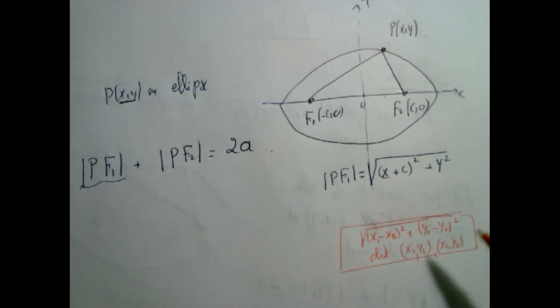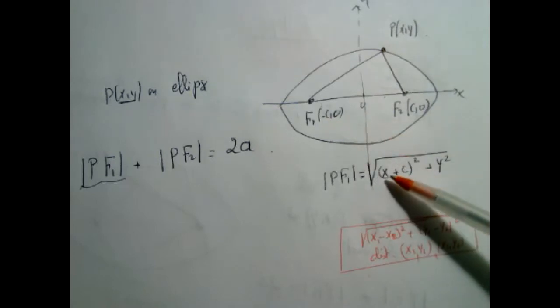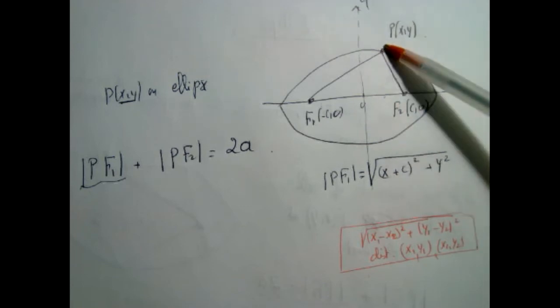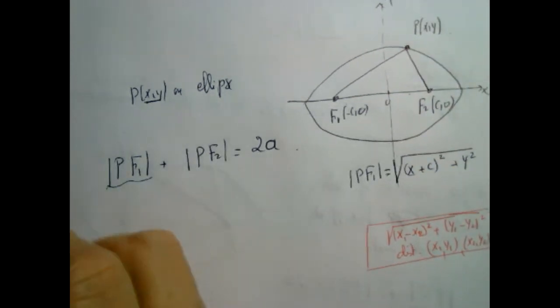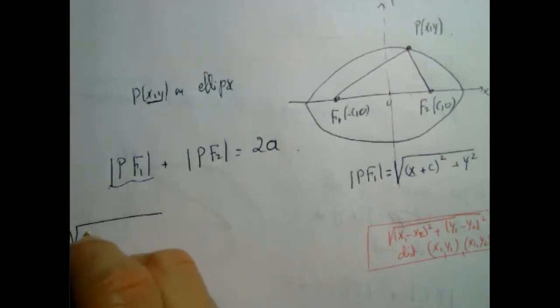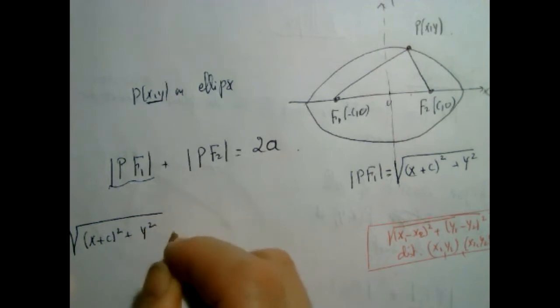This is the Pythagorean theorem. Here my point P is x, y, and F1 is minus c, which gives x plus c, and y, and this is 0. So that's PF1: the square root of x plus c squared plus y squared.